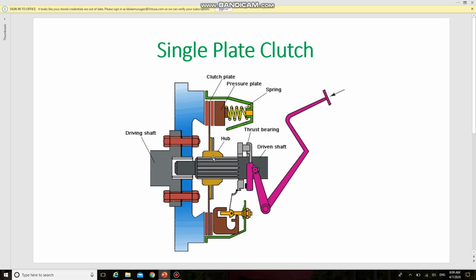This clutch consists of only one clutch plate with both side frictional lining, and so this type of clutch is known as a single plate clutch.